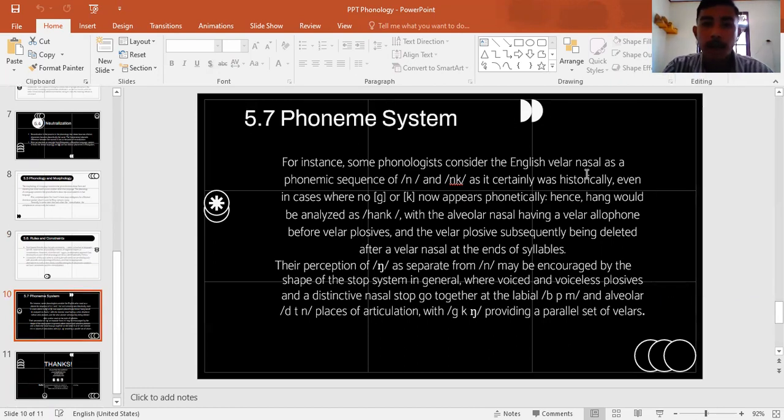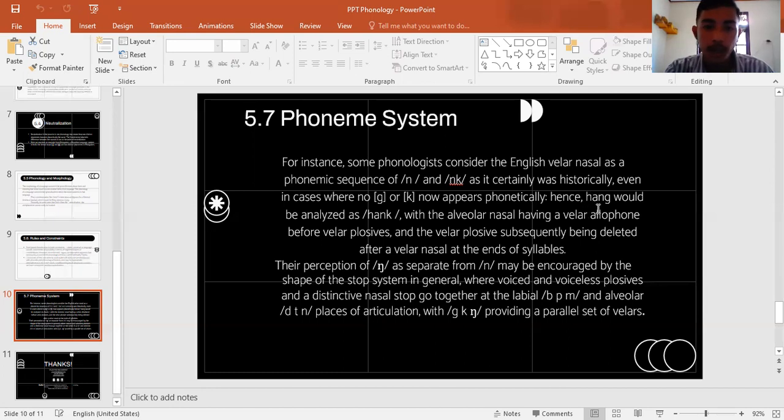Okay, the last material, phoneme system. For instance, some phonologists consider the English velar nasal as a phonemic sequence of n plus g, historically even in cases where no g or k now appears phonetically.